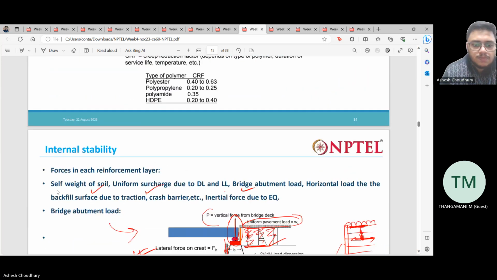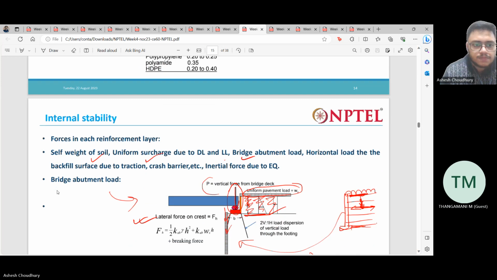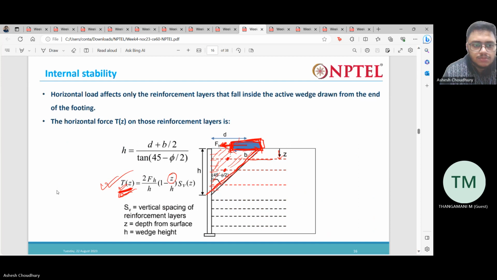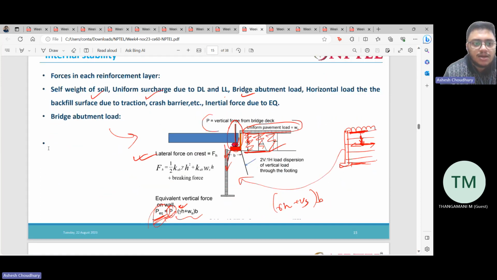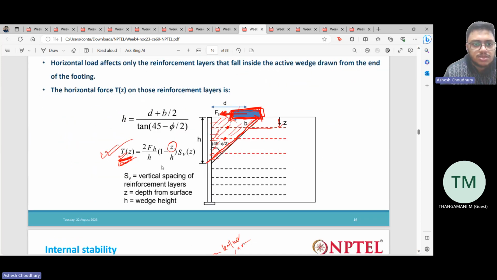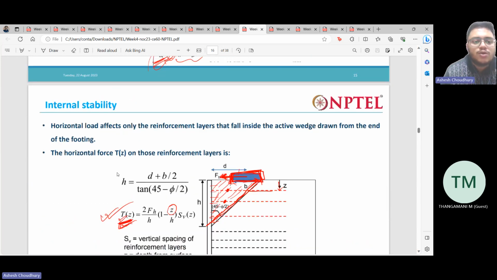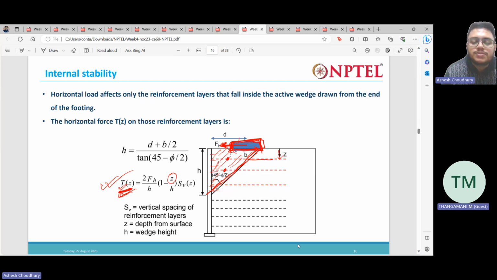We also discussed some other internal forces that are acting, from the bridge abutment load and all these things. Then how to calculate the horizontal force on each reinforcement layer, that is from this expression.